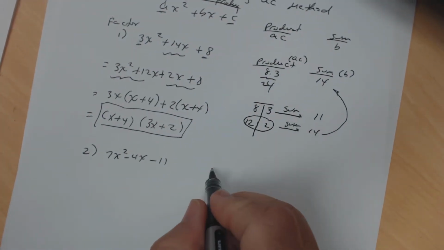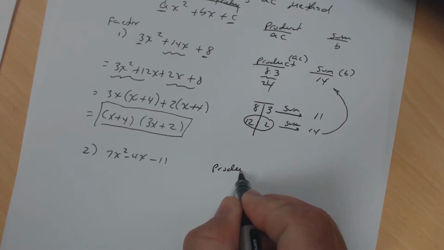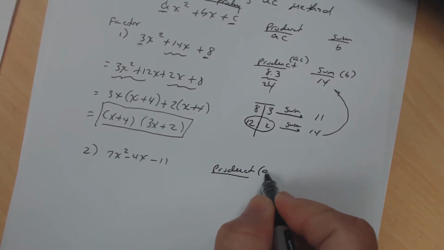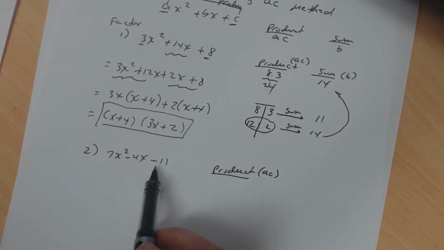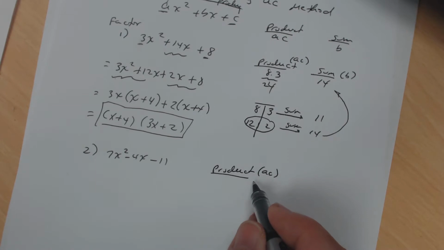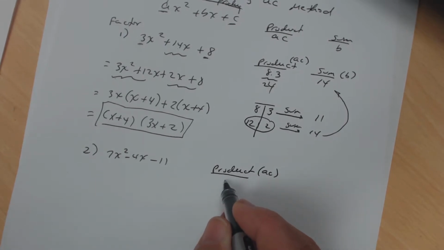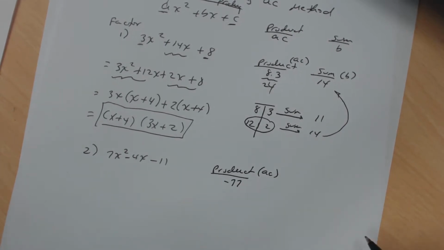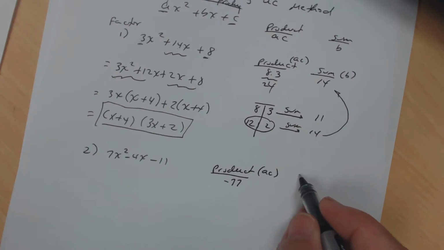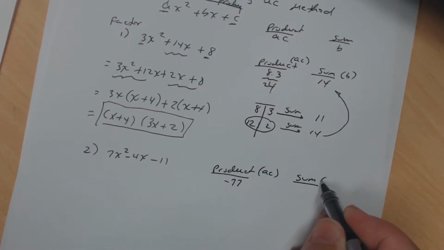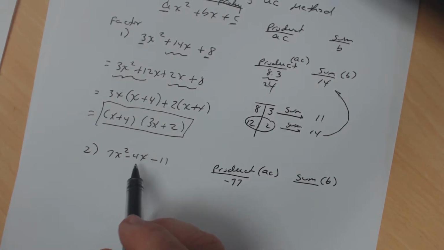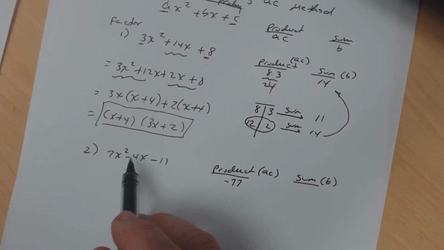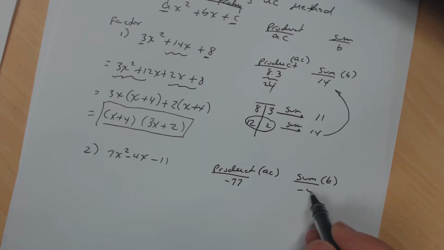I'm going to find two numbers whose product, remember AC, is 7 times negative 11. Remember this is negative 11 now. So that means negative 77, and whose sum is B, the coefficient of the x term, which is negative 4. Not 4, but negative 4.